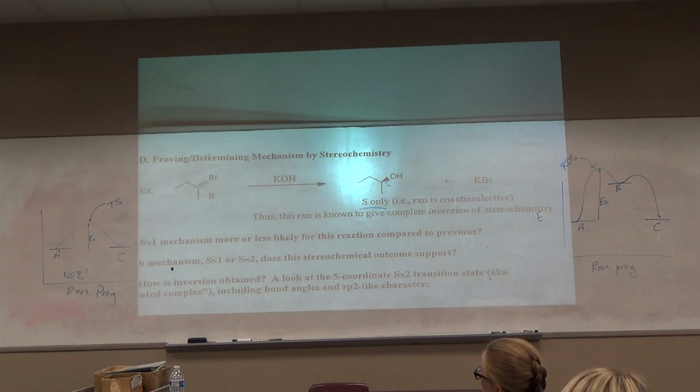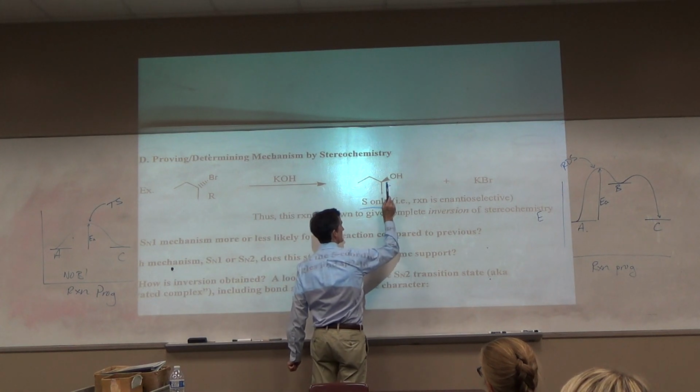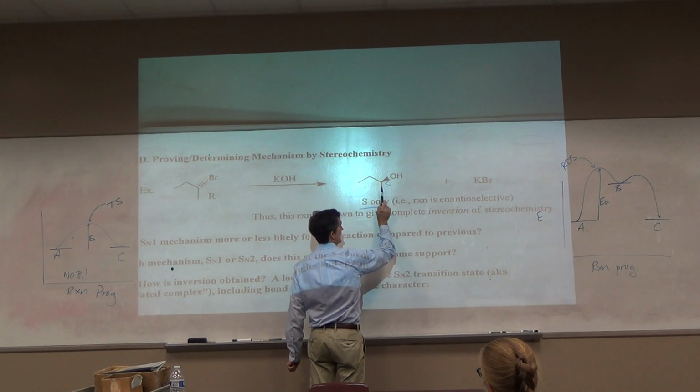By the way, this is our first ever enantioselective reaction. We never did it with alkenes or alkynes. Mainly because if you only get one enantiomer, that means this is optically active, yes? S only, it should be optically active.